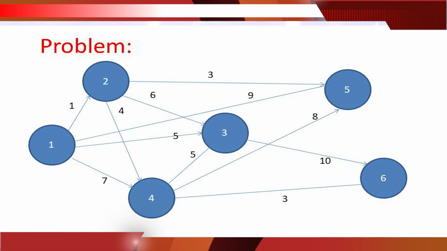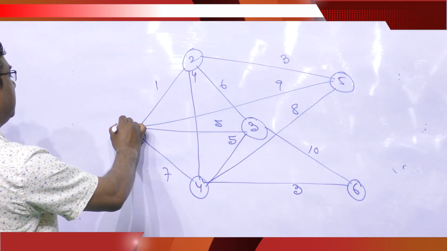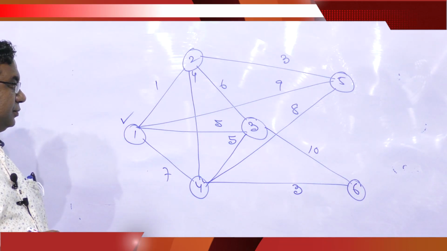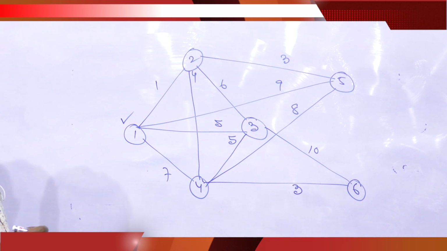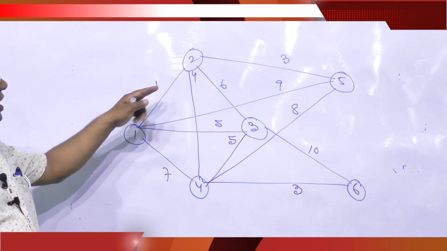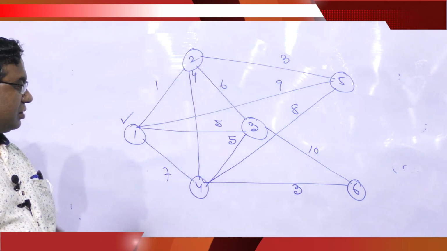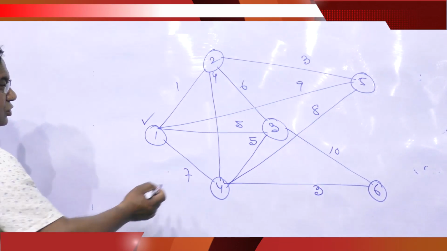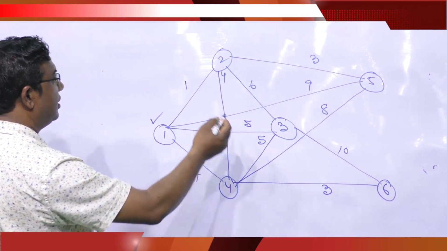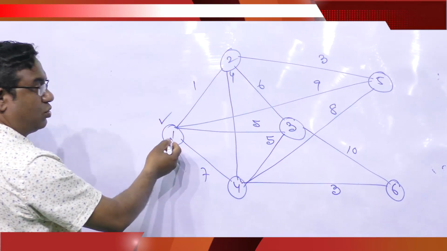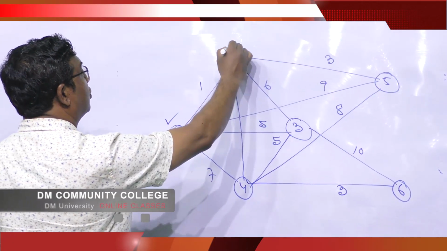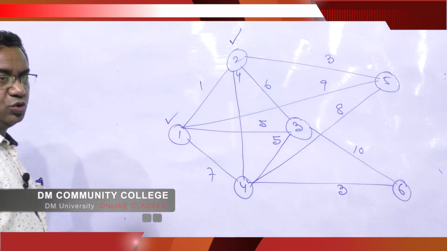So now let us start with node 1 and tick node 1 first. This is step 1. Then check all the unconnected nodes nearest to node 1. From this we see that node 2 is nearest to node 1. So now we have to connect node 1 and node 2, so we tick node 2.